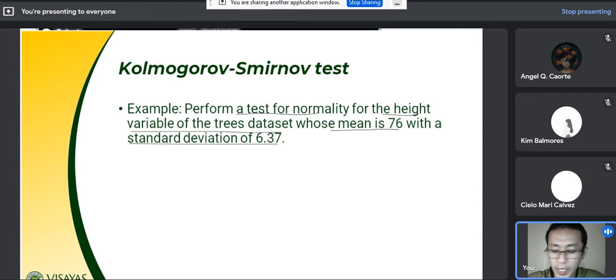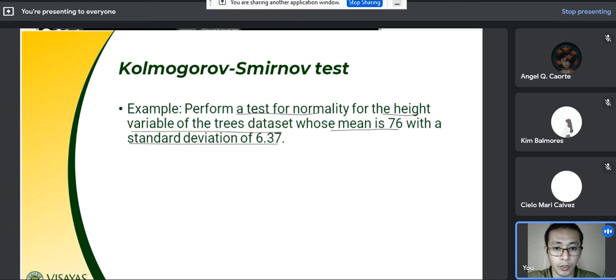So this time, class, we are now going to check the normality for the height variable. In our Shapiro-Wilk test, we used the girth variable. But this time, let's test whether the height variable follows a normal distribution using the Kolmogorov-Smirnov test. Since we are only interested in the height variable, this now calls for a one-sample Kolmogorov test.